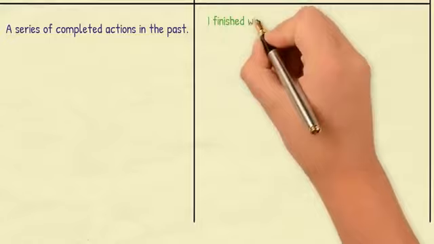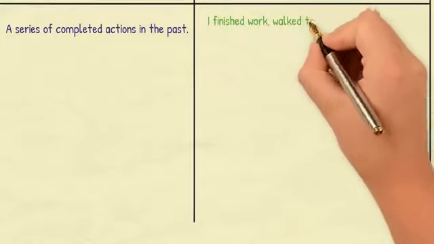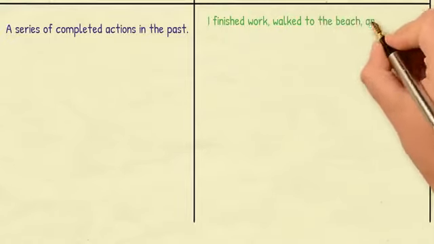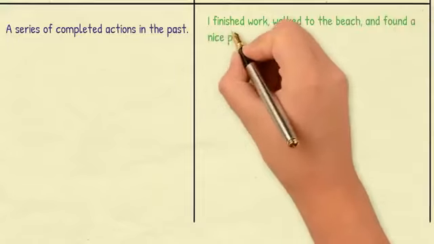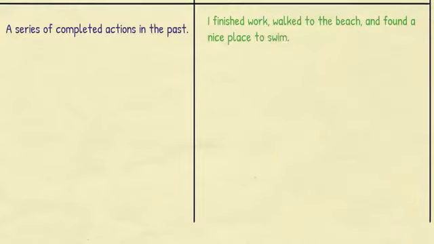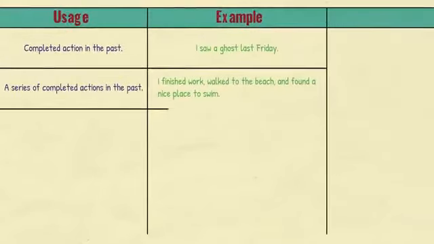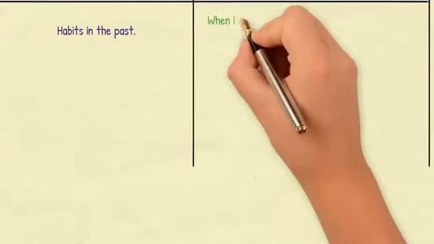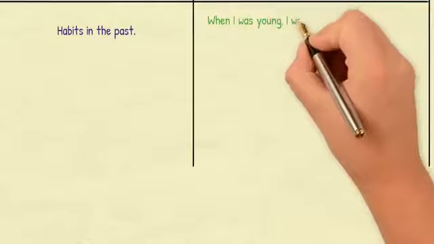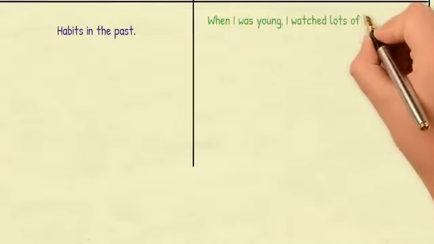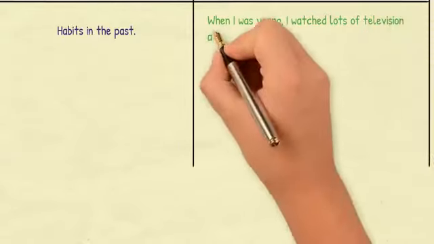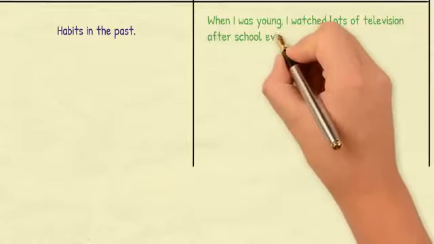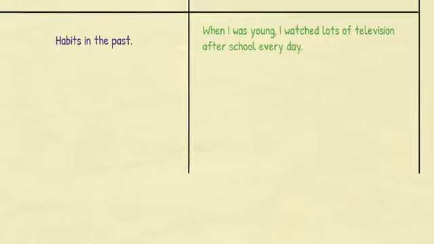A series of completed actions in the past: I finished work, walked to the beach, and found a nice place to swim. Habits in the past: when I was young, I watched lots of television after school every day.